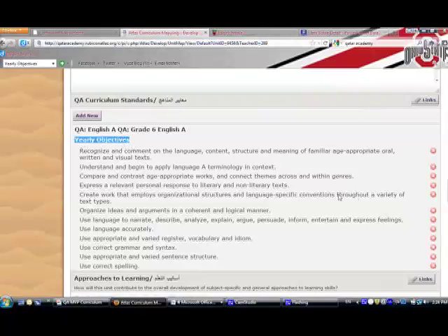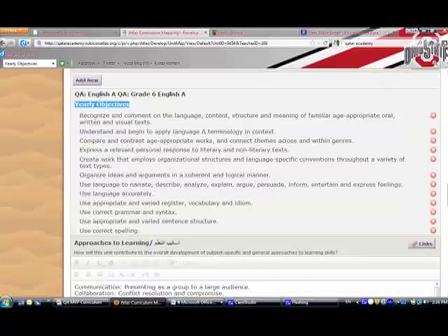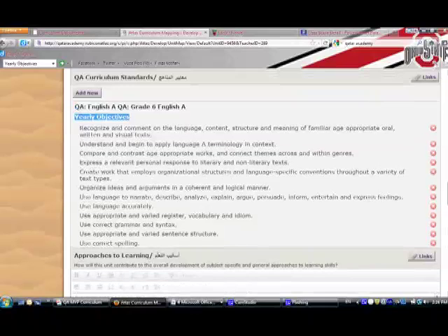These are tracked individually, both for the year as well as for each unit and even down to each assessment. So teachers and heads of department or academic coordinators can see exactly when a skill is being assessed, and then can query as to how well students have done in achieving that skill.